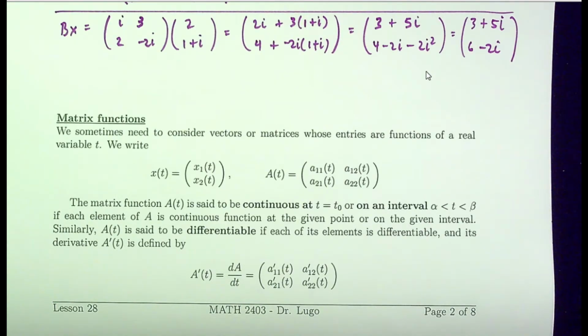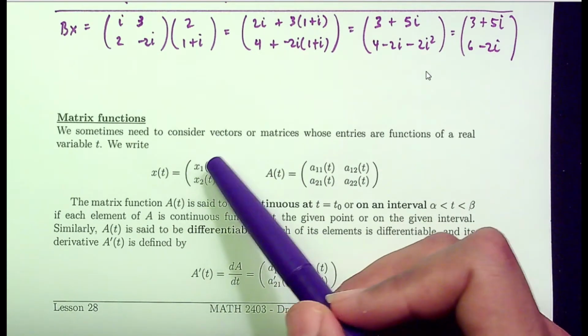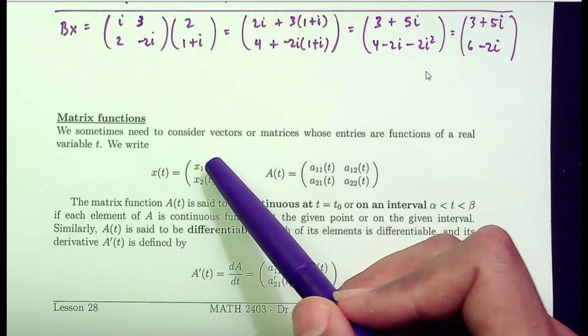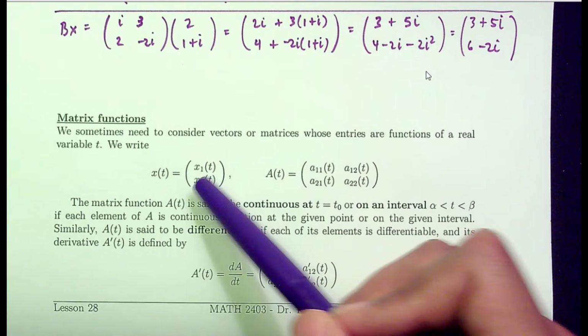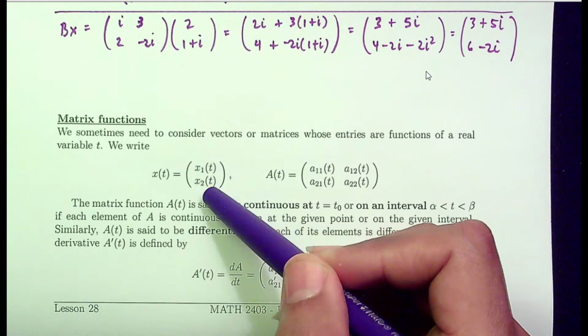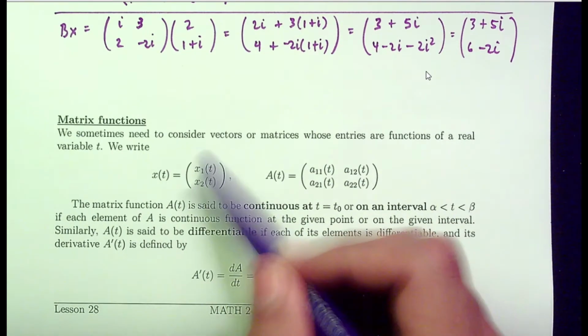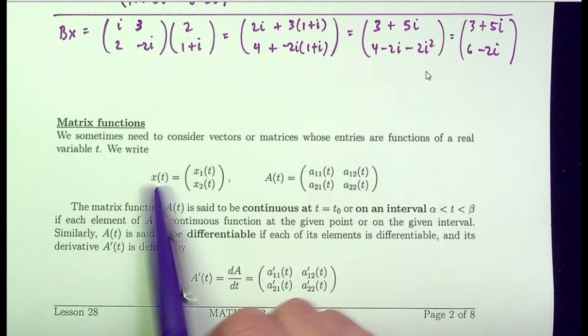For example, you could have a vector where the first entry is a function named x1 and the second entry is a function called x2. Both are functions of the same variable t, and then you can call the whole vector, let's say x, and that would be a function of t.